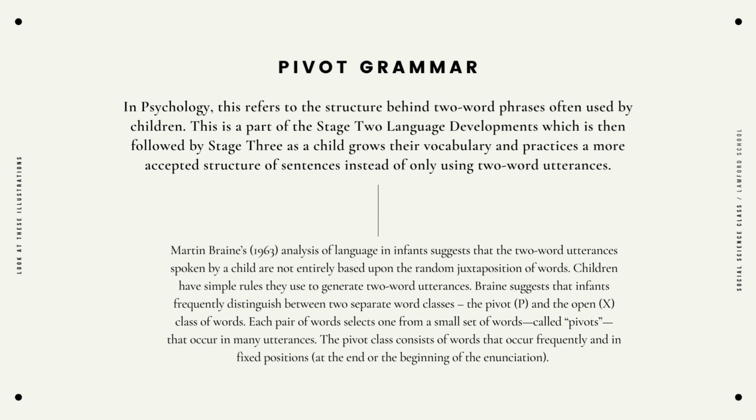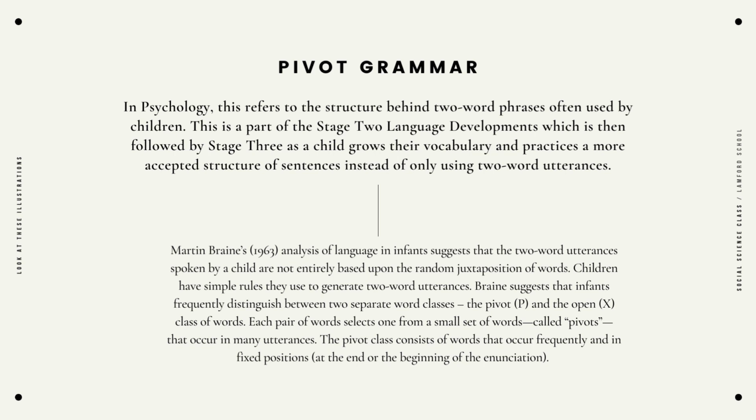Martin Braine's analysis of language in infants suggests that the two word utterances spoken by a child are not entirely based upon the random juxtaposition of words, meaning there are some rules behind the two word utterances that a child speaks, and it's not just a combination of random words.